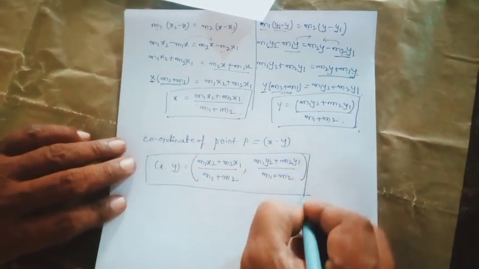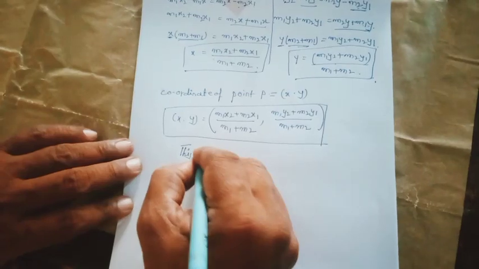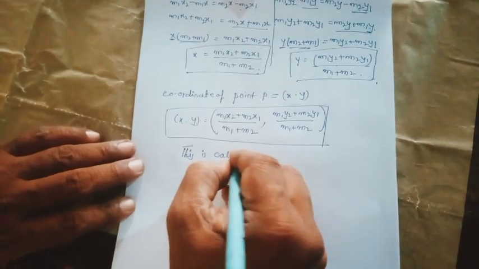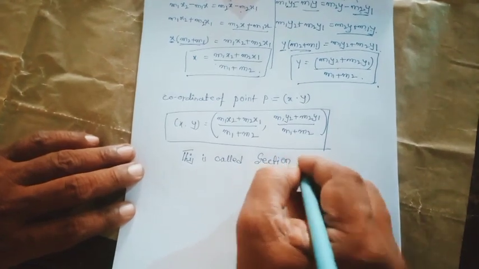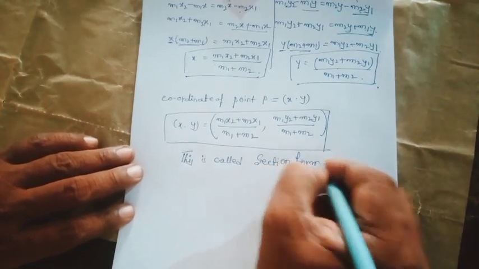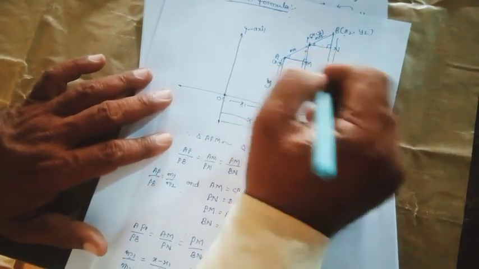This one is the section formula. This formula is called the section formula because the point P divides internally, not externally.